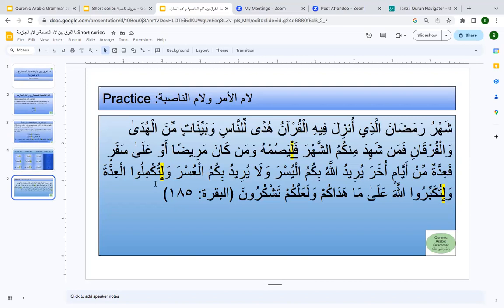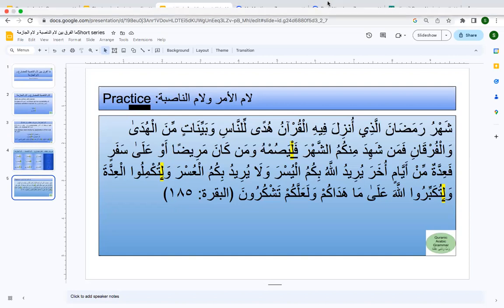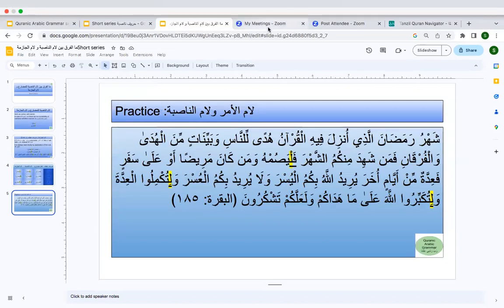Okay, so li is going to be nasiba. Lam with sakoon, you should know that this is lamul amr or lamul jazima. Same thing. Is this clear so far? You will not make this mistake now in the test, right?